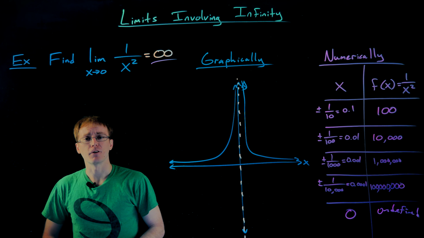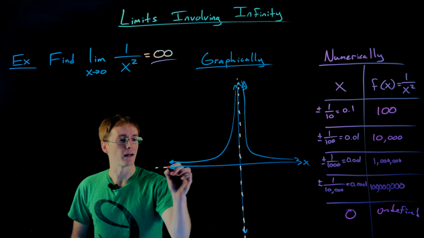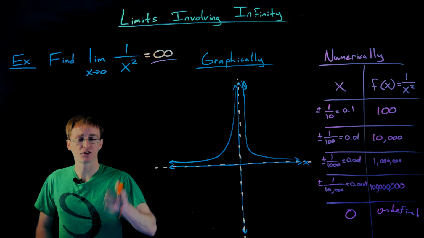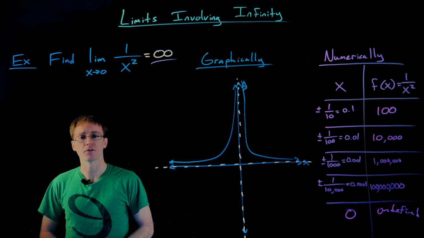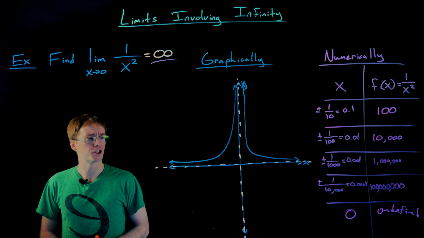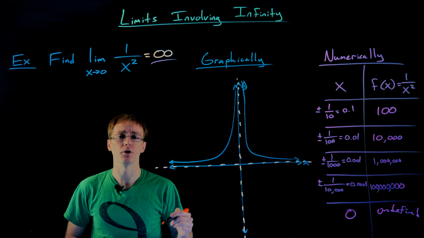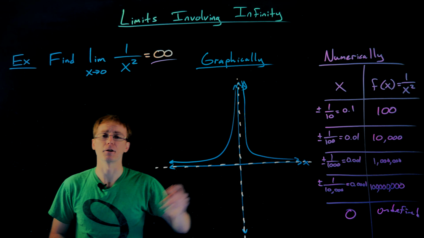Another thing we know about this function is that it has a horizontal asymptote at y equals 0. We can use similar notation to describe this horizontal asymptote. What would we have to change in our current notation to describe this horizontal asymptote instead of this vertical asymptote?